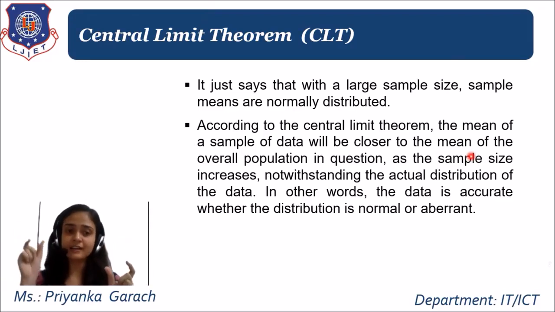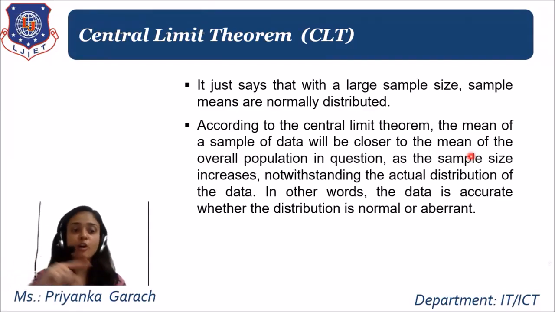So the central limit theorem says that when the size of the sample is large, then the sample means are normally distributed. If we take the sample means, then the shape will be bell shaped, that is the shape of the normal distribution.